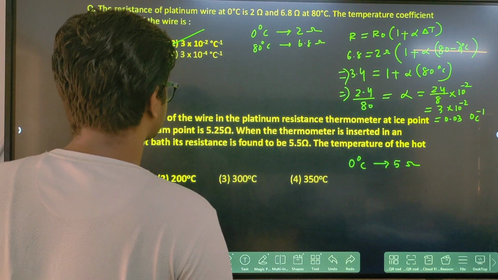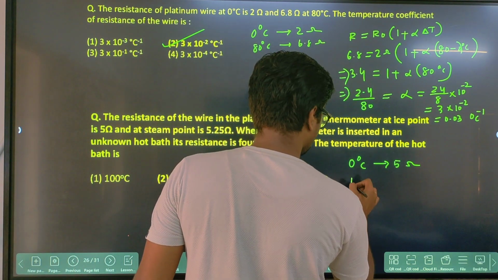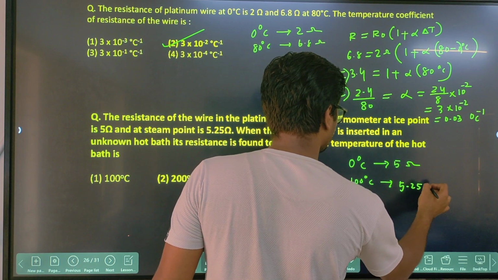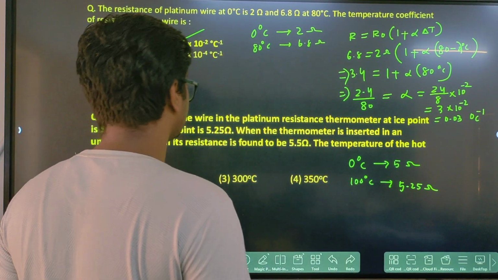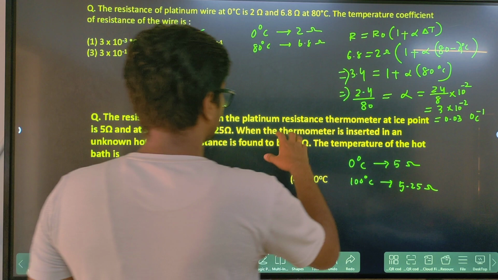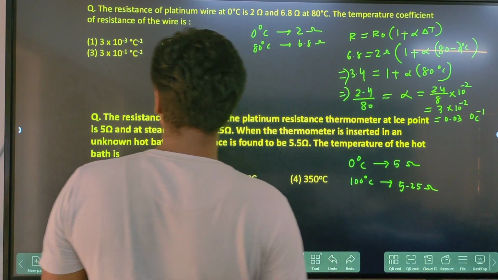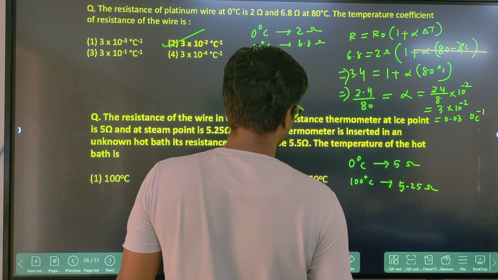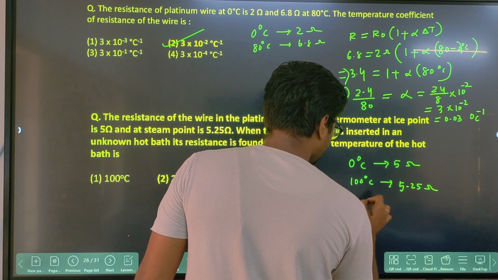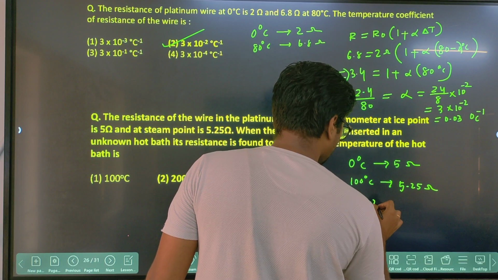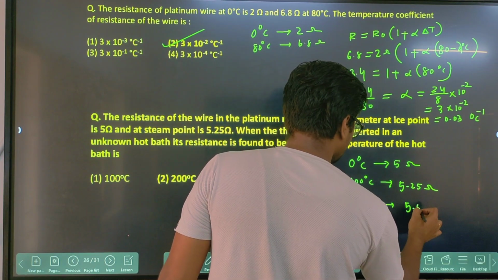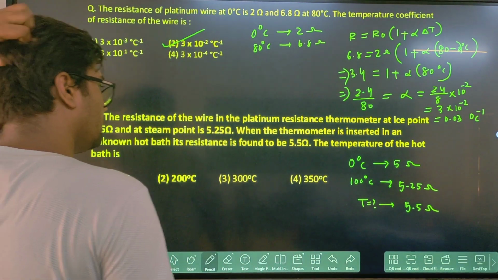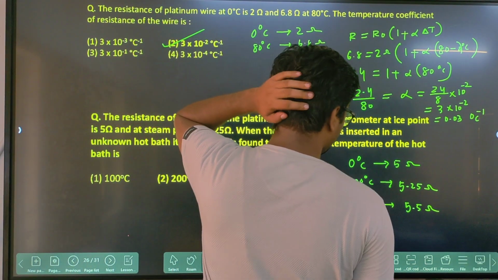At steam point it is 5.25 ohm, that means at 100 degrees Celsius. When the thermometer is inserted in an unknown hot bath, the resistance is found to be 5.5 ohm. So the temperature you don't know, you have to find out, and the resistance you know, that is 5.5 ohm. They are asking for this temperature. How will we do this?